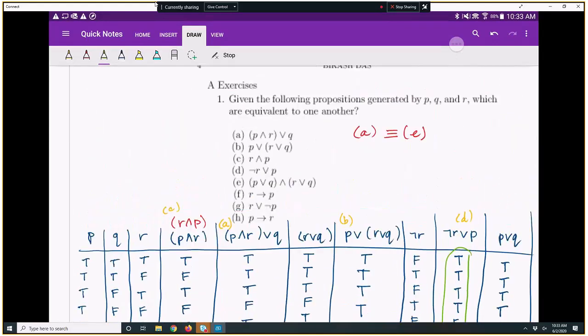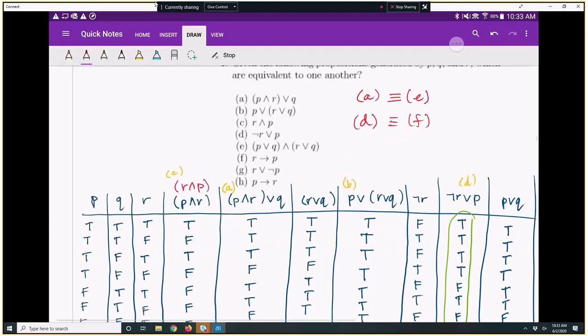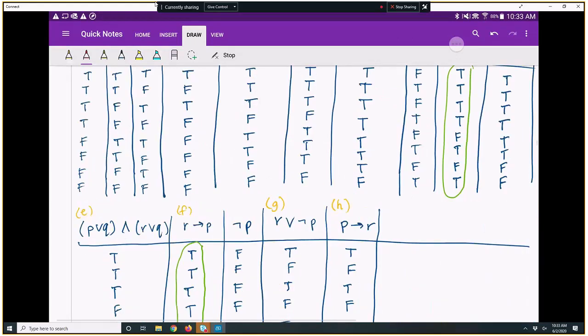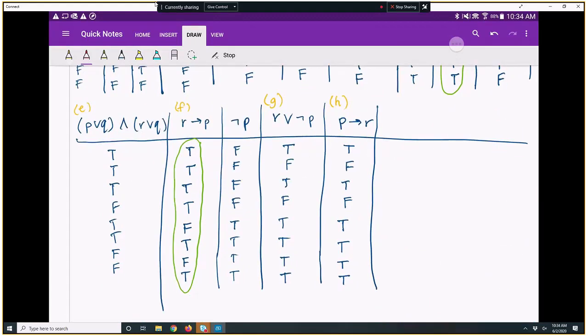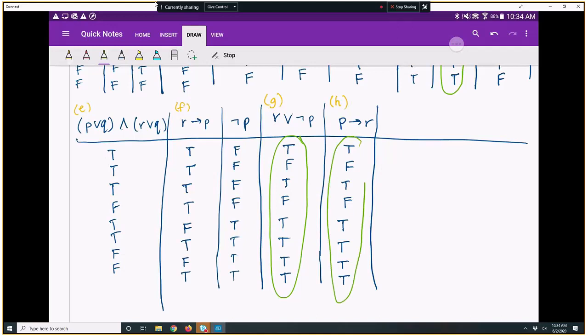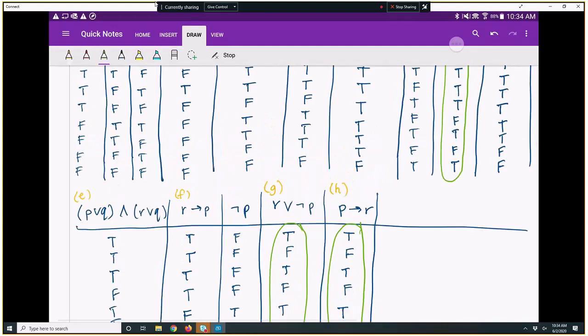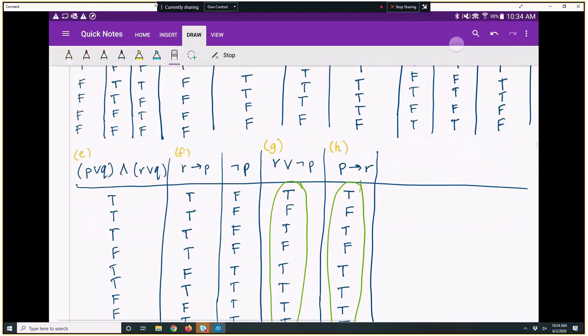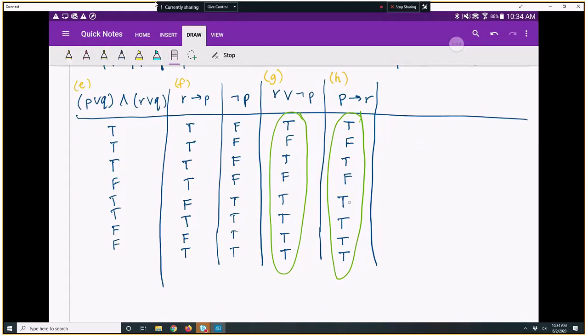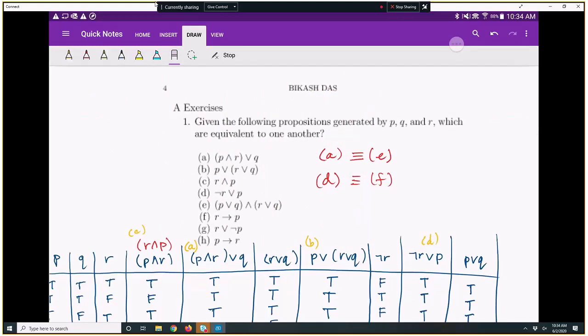So I get to say D is equivalent to F. And then looking at G, G and H are equivalent. They have the exact same lines in their truth tables. True, false, true, false, true, true, true, true. So G is equivalent to H.